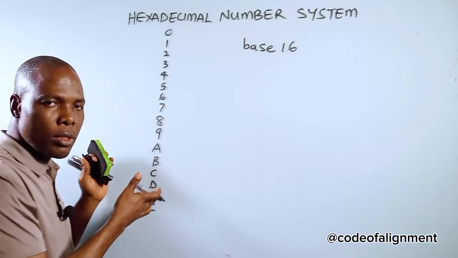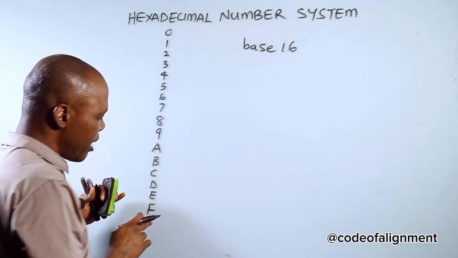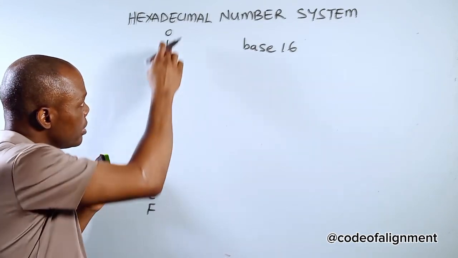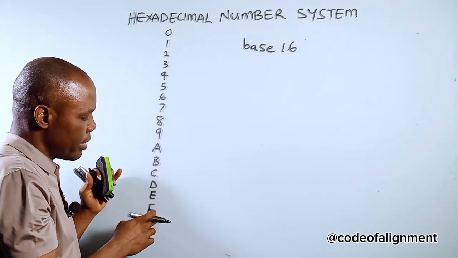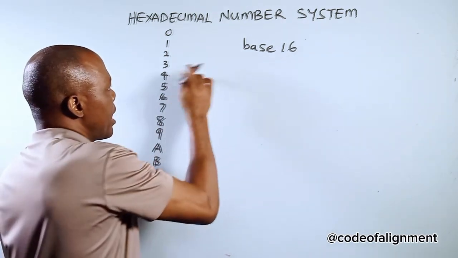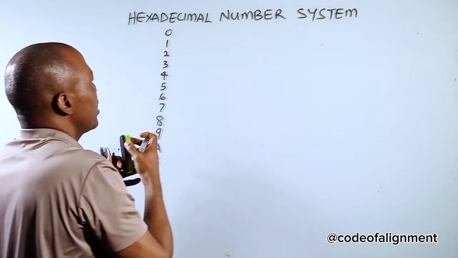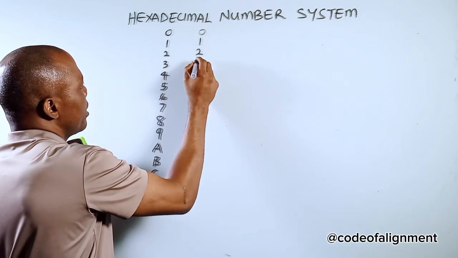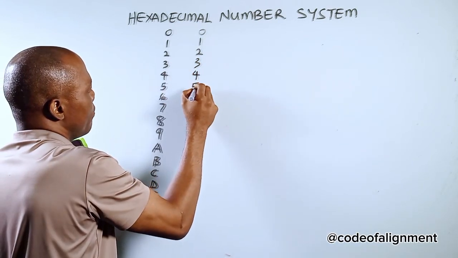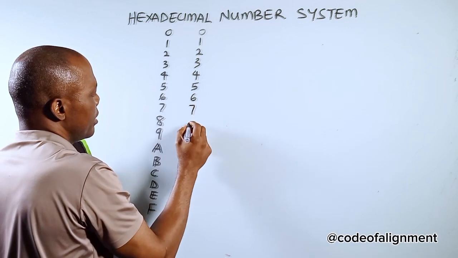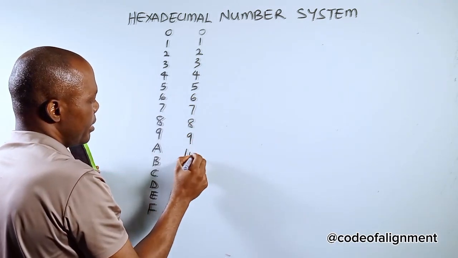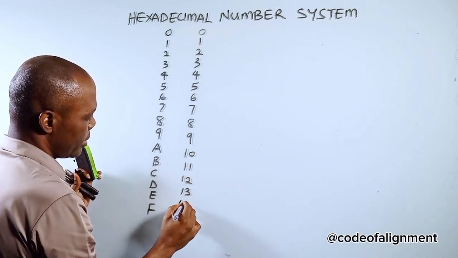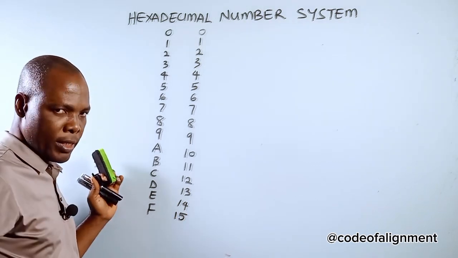Now, how do you count in hexadecimal? You're having 0 to 15, right? So 0, 1, 2, 3, 4, 5, 6, 7, 8, 9, and so on up to 15.